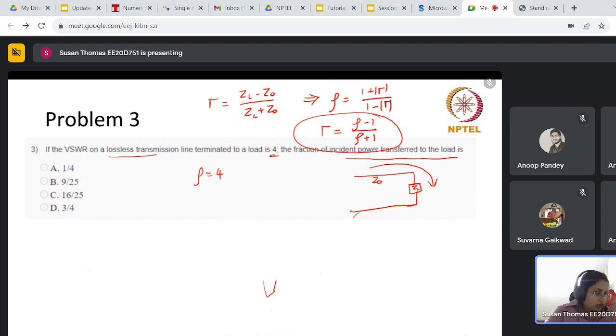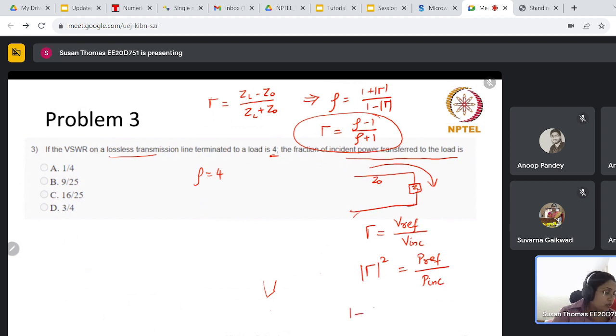The reflection coefficient is basically voltage reflected to voltage incident. If we take the square of that, you get the ratio of reflected power to incident power. So that is your gamma square.